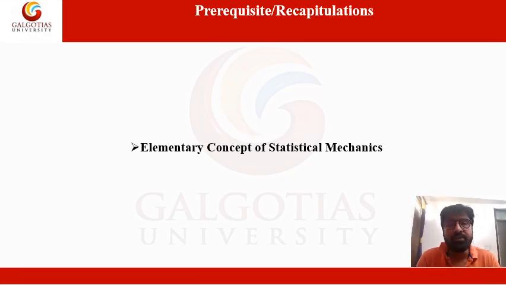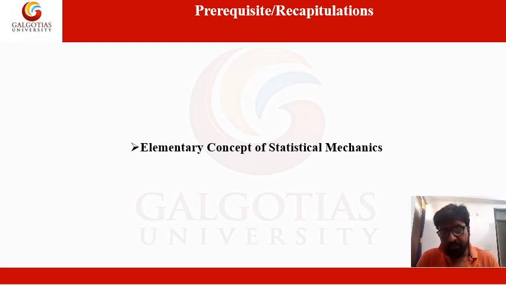So actually the prerequisite here is elementary concept of statistical mechanics. We have seen in the previous lecture what is the role of statistical mechanics, how it connects different domains, microscopic and macroscopic. So whatever in the macroscopic domain one is observing, actually it is being contributed by the microscopic world.